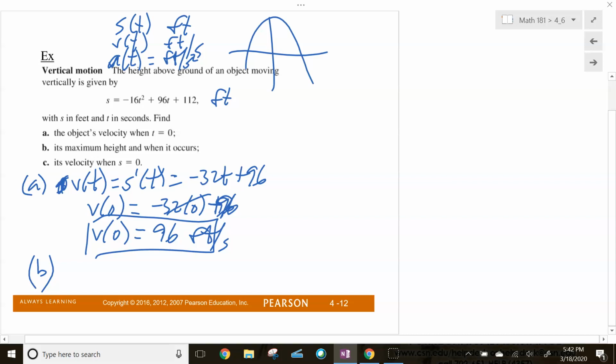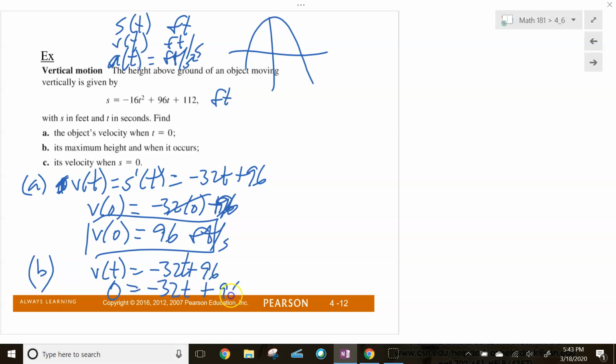What's the maximum height? The maximum height is referring back to the position, right? So we want the maximum position. We already have the velocity function, v of t equals negative 32t plus 96. If I find my critical points, this will help me understand what will maximize my position.